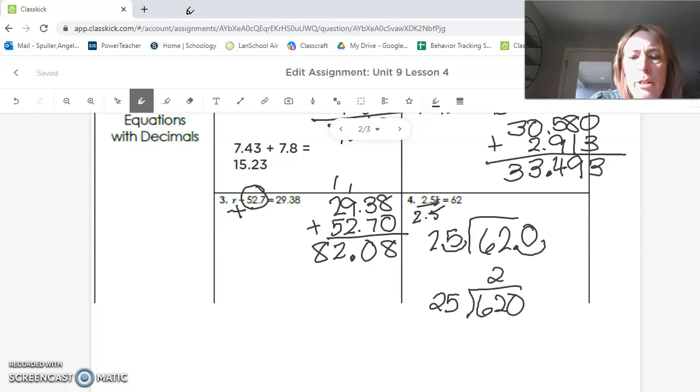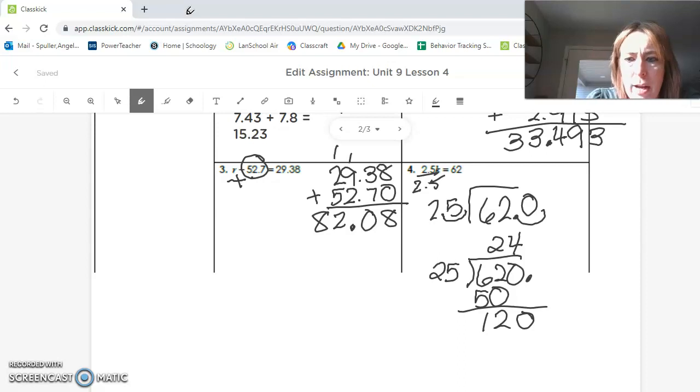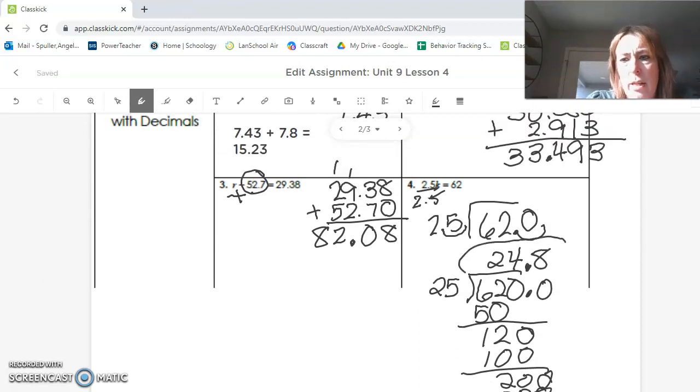Well, it can go into 62 two times because I know that's 50. That gives me 12 left over. Bring that 0 down. It can go in there 4 times. 4 times 25 is 100. If I put a 0 and bring it down, and bring my decimal up, it goes in there 8 times. 8 times 25 is 200, and I get 0. So my answer is 24.8.